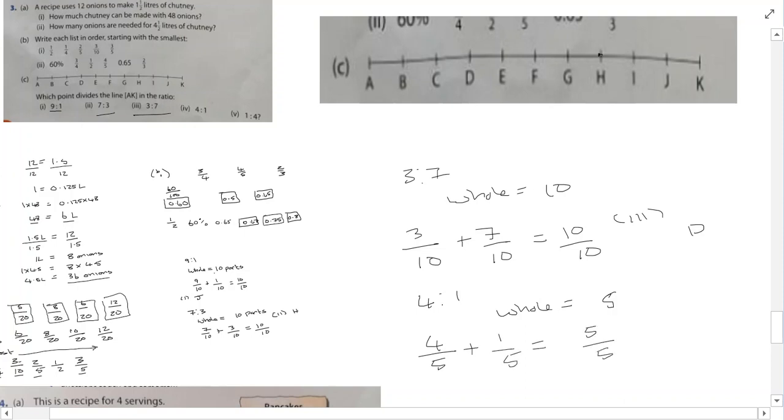So what we're saying is we want to split it up into 5 parts. So if we want to split it up into 5 parts, this would be one part, this would be another part, this would be another part, this would be another part.